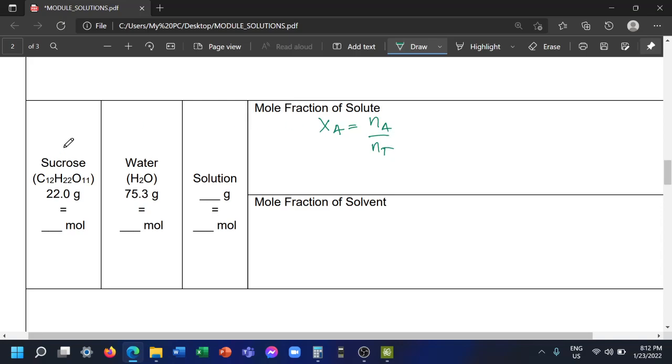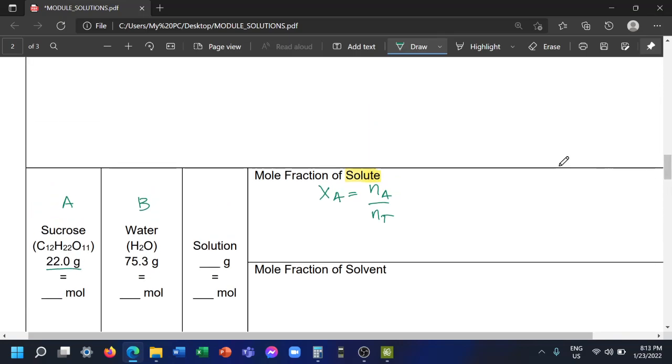This one is the solute, so we'll use the letter A for that, and for the solvent, we'll use the letter B. First we need to get the number of moles of the solute, but here the given is the mass of the solute. So first we'll convert the mass into the number of moles.